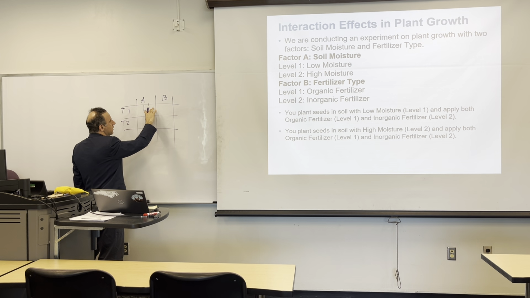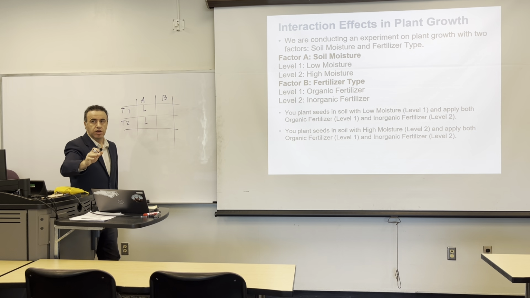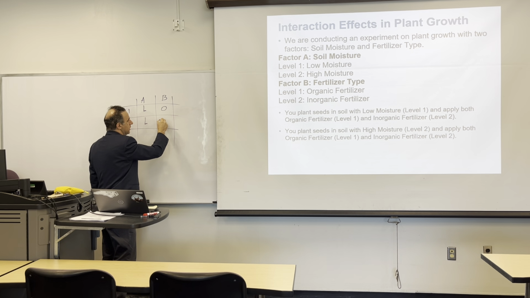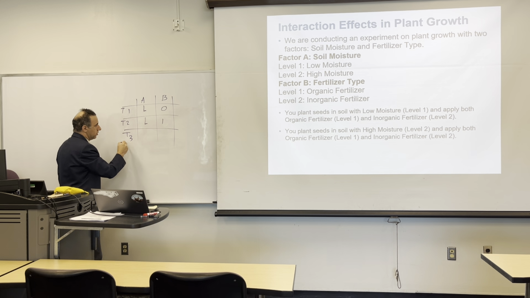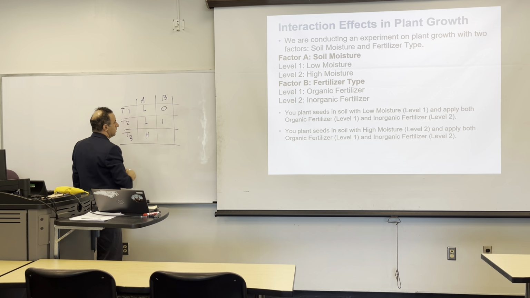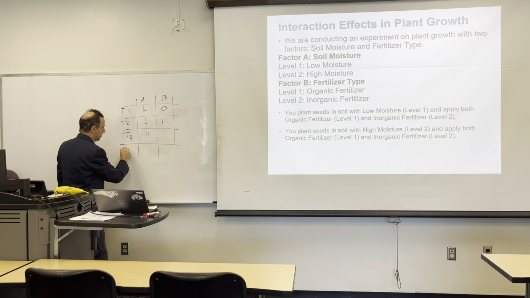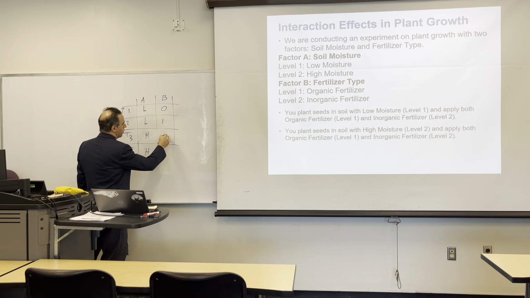So we kept the moisture the same, and then we change the fertilizer, right? Let's say organic, and this one is inorganic. And then test 3, we're going to change the moisture to a high amount, test 4, this should be high, organic, inorganic.